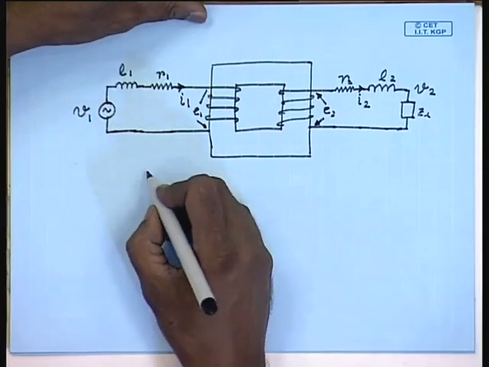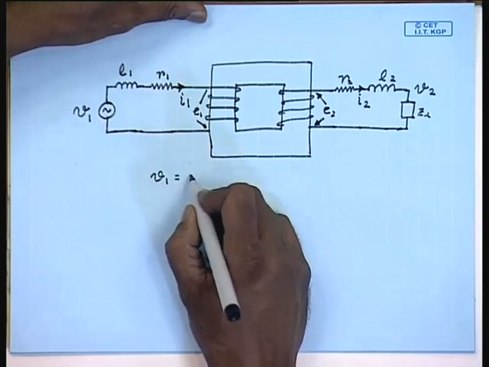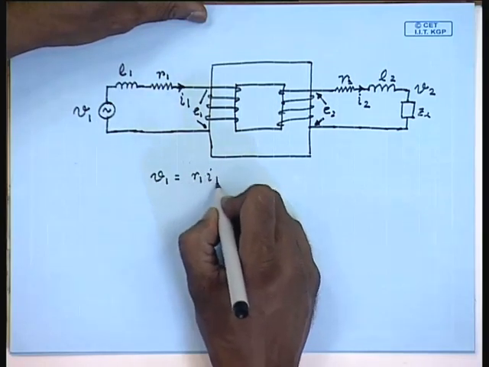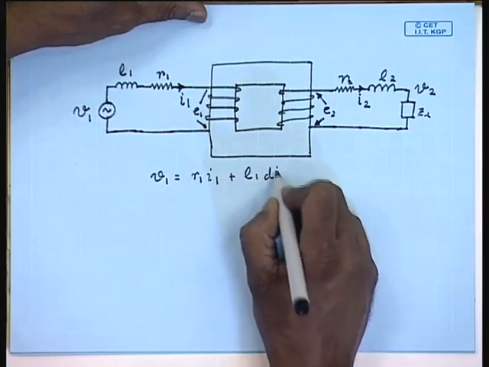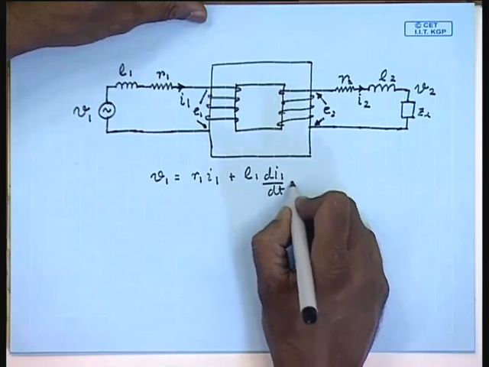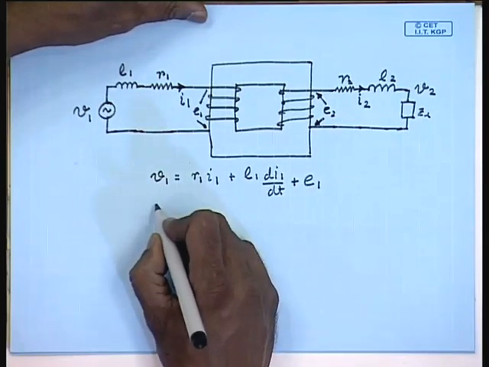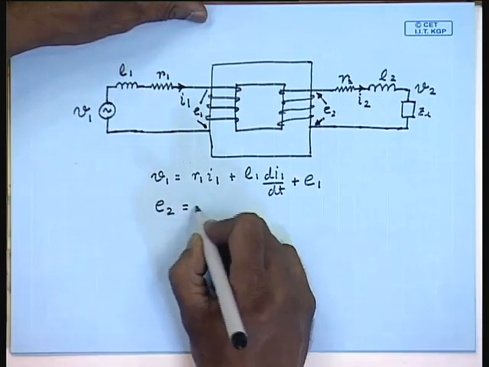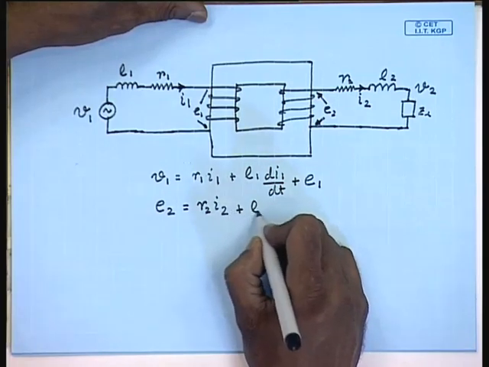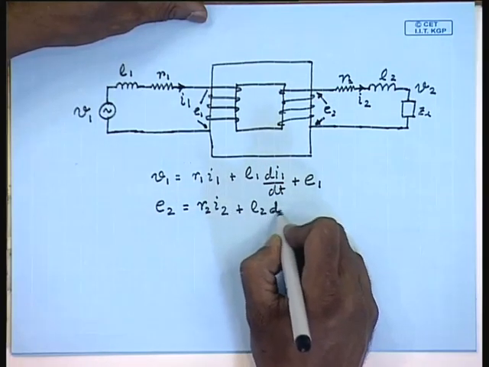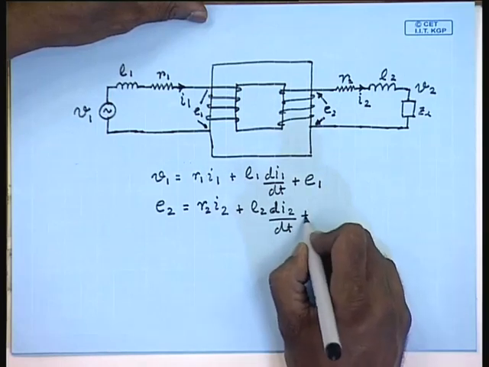Then we have seen V1 equal to R1 I1 plus L1 dI1 dt plus E1, and E2 equal to R2 I2 plus L2 dI2 dt plus V2.